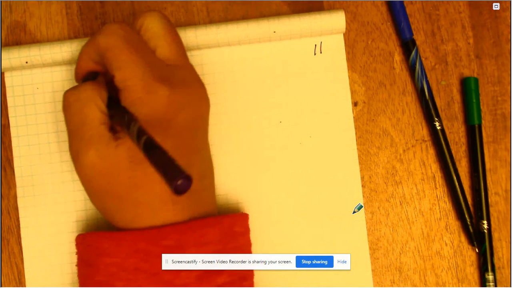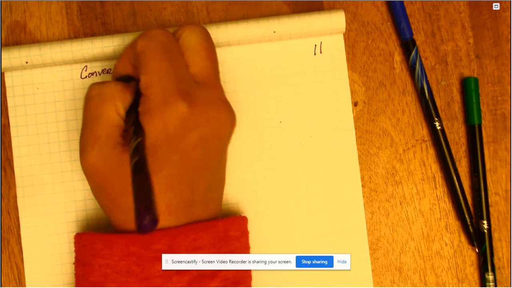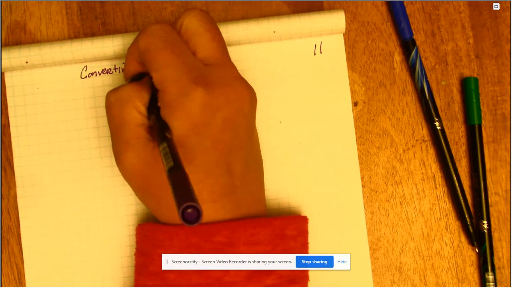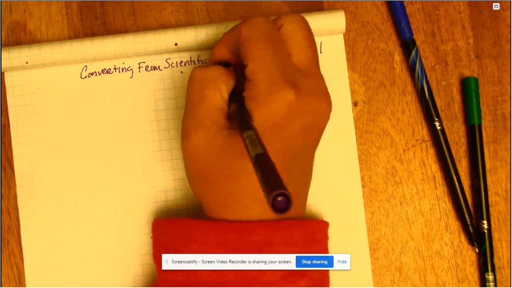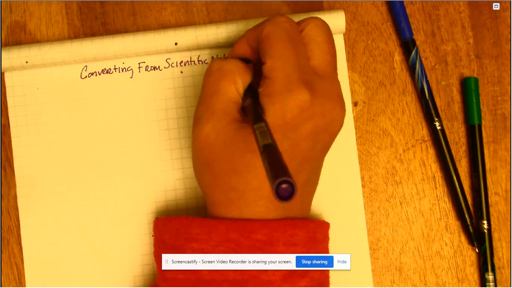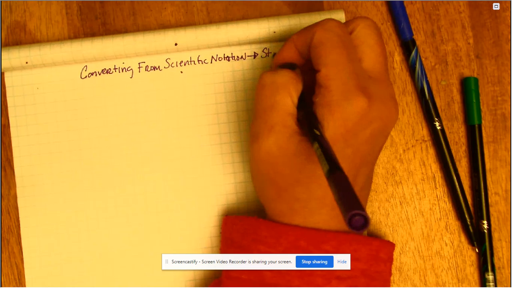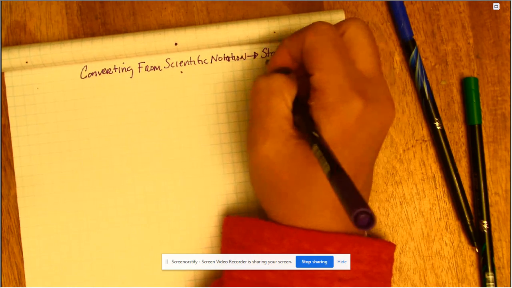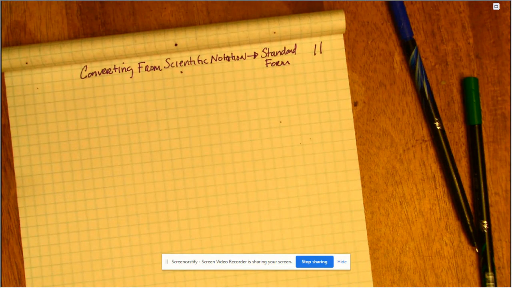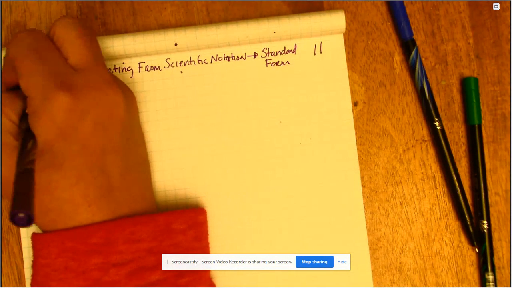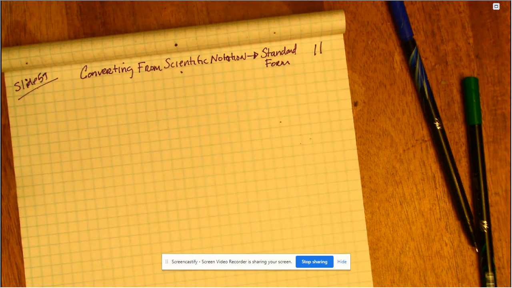And at the top, we're going to write converting from scientific notation into standard form or a standard number. This is beginning on slide 59 in your digital notebook.